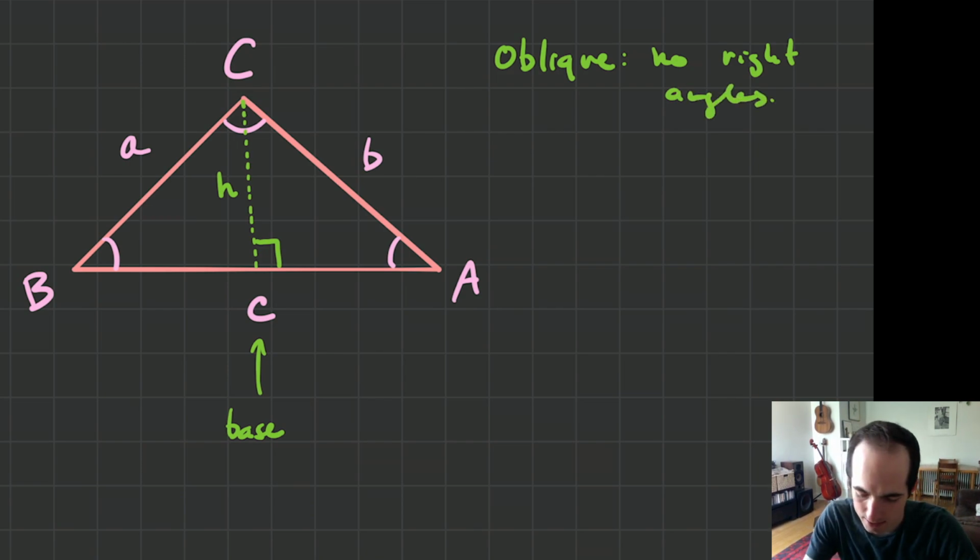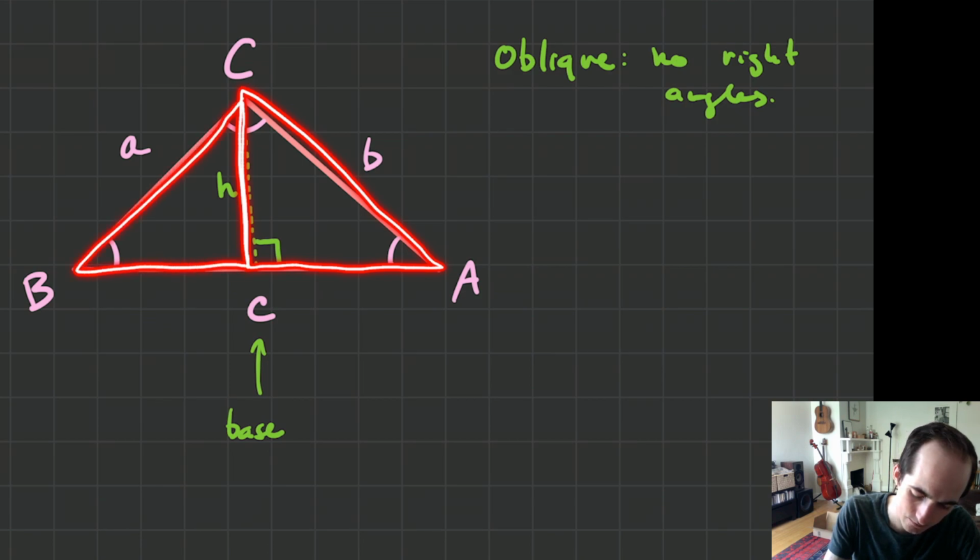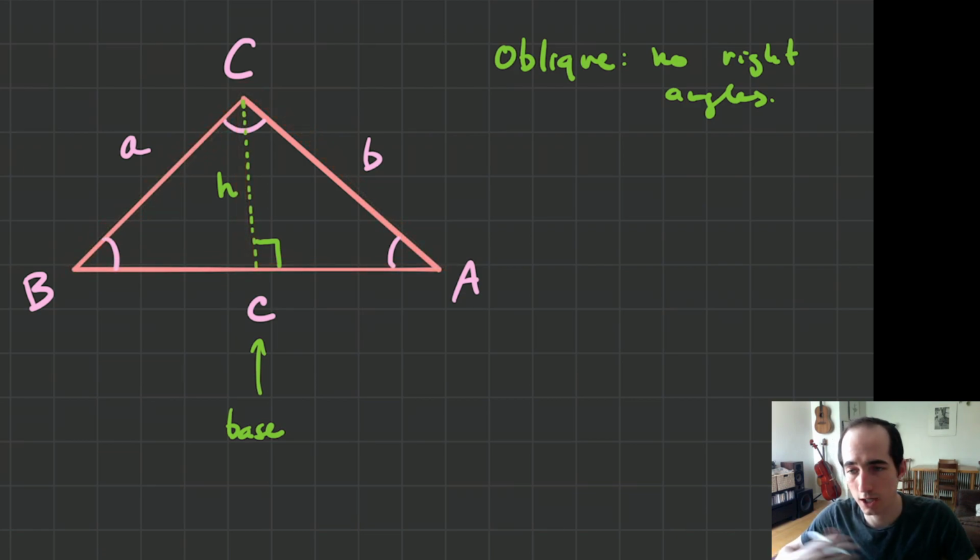However, what it does do is introduce 2 smaller right angle triangles, namely this one here and this one here. So now that you've introduced the height, you can start talking about right angles. And sine and cosine work really well with right angle triangles. Okay, so that's my hint.